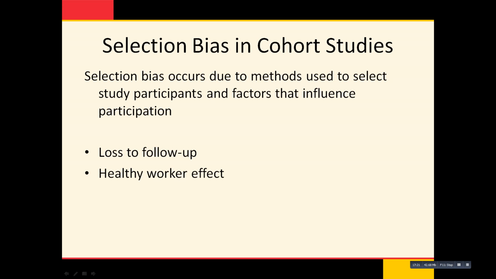For example, say you have a group of people who are working, that get sick and no longer work. If you're comparing the people who are working and not sick to the general population, there will be more diseased people in the general population than in the healthy worker population. So again, a type of selection bias in a cohort study.